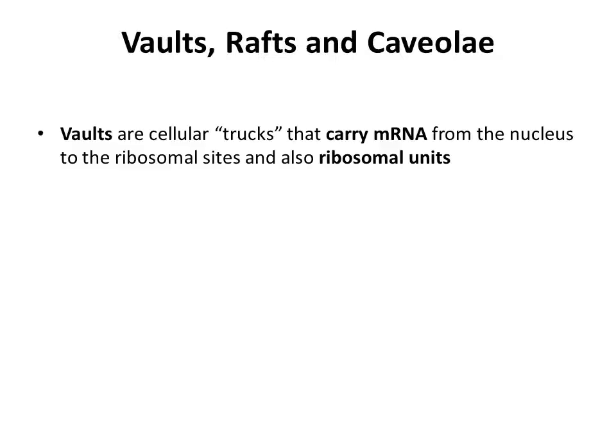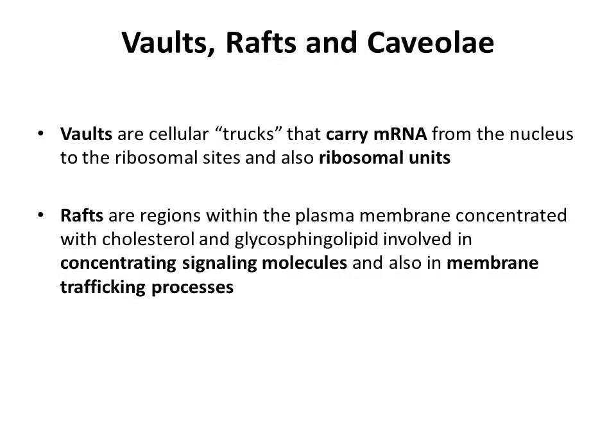Now we look at some other organelles which are not frequently asked in the theory examinations, but they can be asked in the viva. These are vaults, rafts and caveolae. What are vaults? These are basically large proteins which have carrier functions. They carry messenger RNA and ribosomal units from the nucleus to the sites where they are required in the cytoplasm. What are rafts?